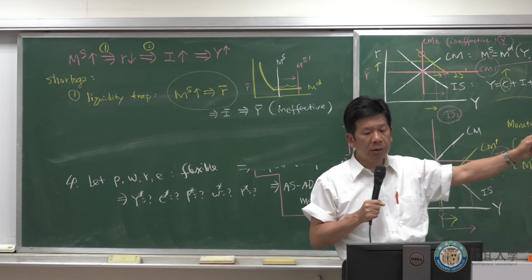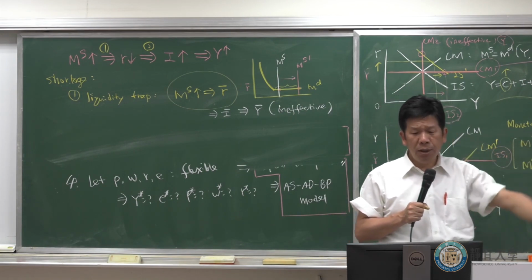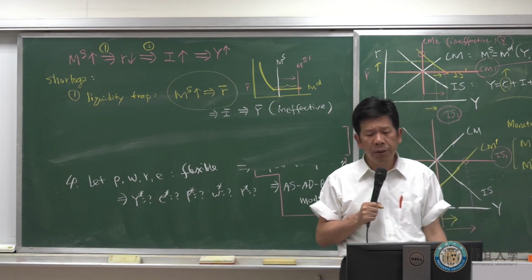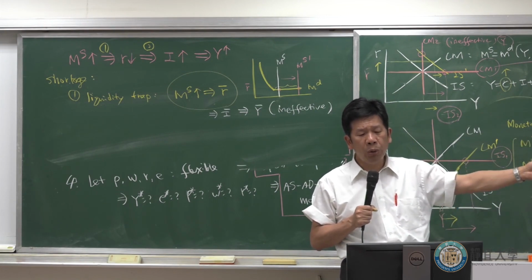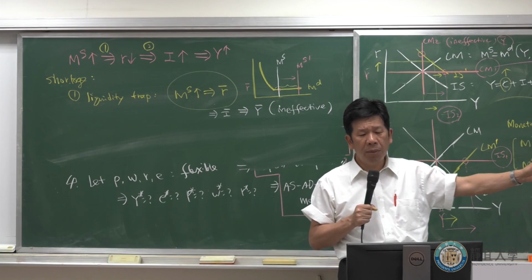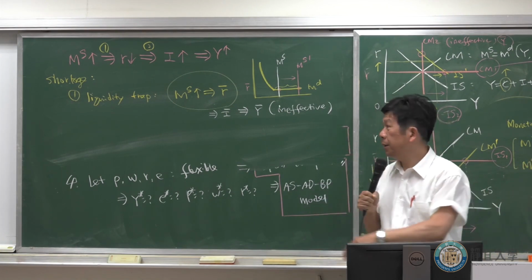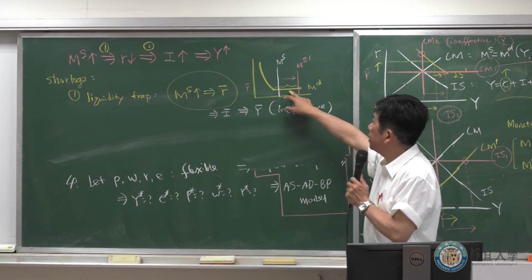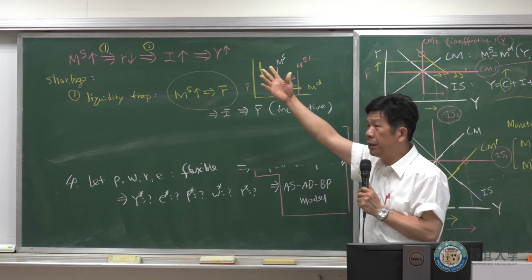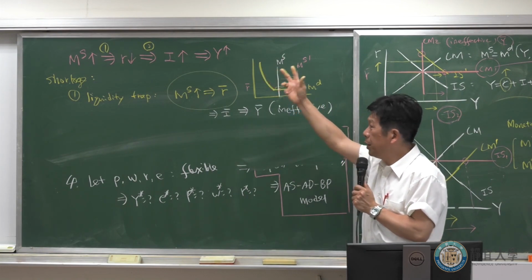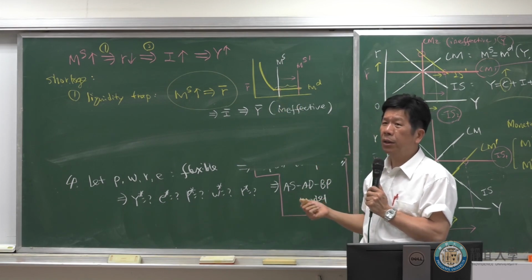A liquidity trap is a situation in which the public is prepared, at a given interest rate, to hold whatever amount of money is supplied, because the interest rate here is quite low. So when the government increases the money supply, the people prefer to hold the money.